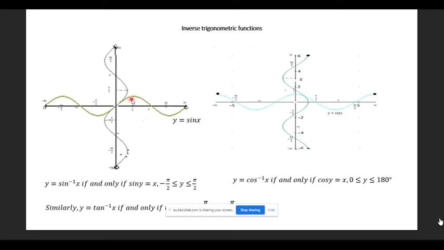Like for instance, if we look at the graph of y is equal to sine of x, this point here is x is equal to pi over 2, and y is equal to 1.